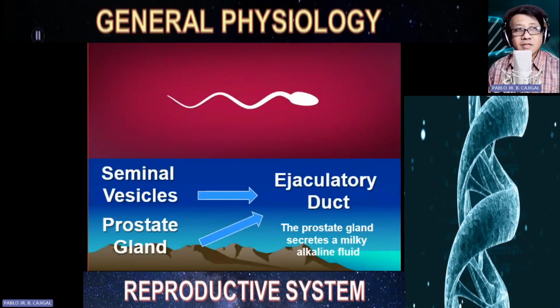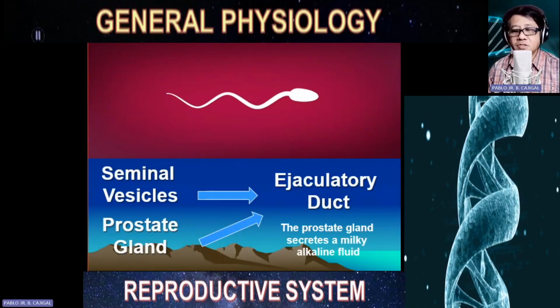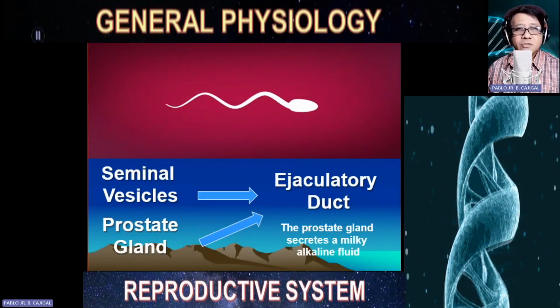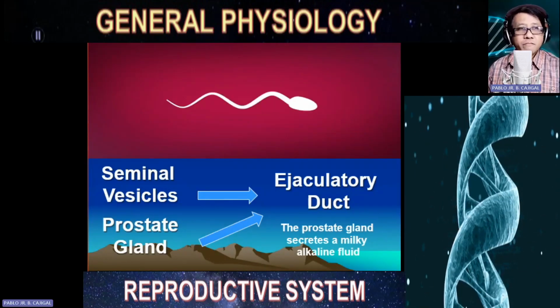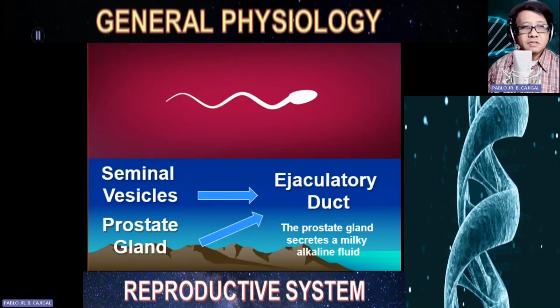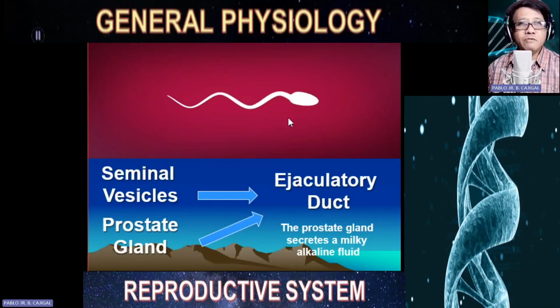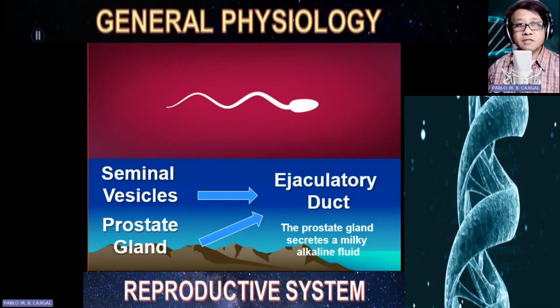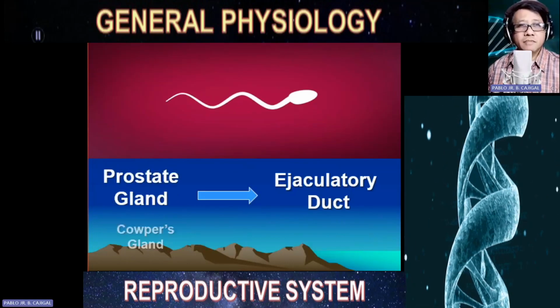Nandun yung egg, naghihintay yung egg doon. Nandun sa fallopian tube. So yun ang function ng prostate gland. The prostate gland secretes that milky alkaline fluid, okay, to neutralize the acidity of the vaginal wall.